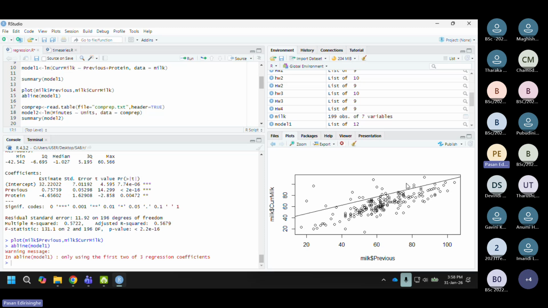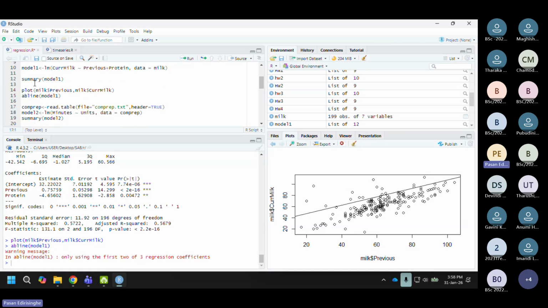So with the data, there is some relationship. That is indicating that we are using the previous variable, and it is related to our y variable. So that's an indication there.